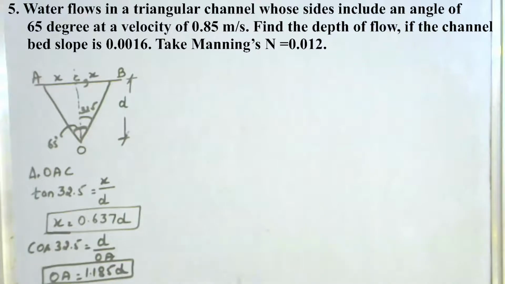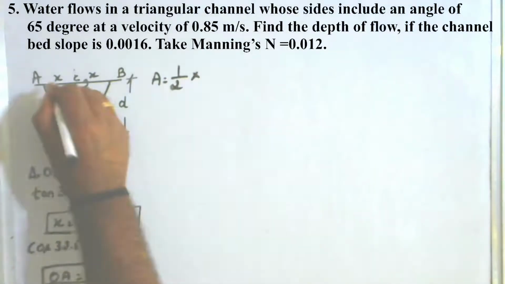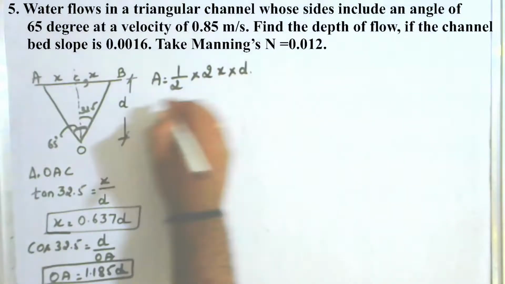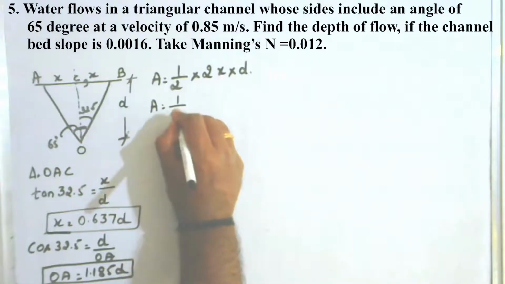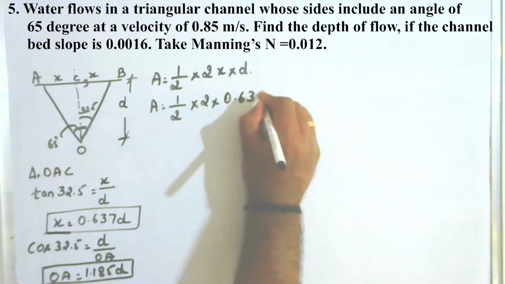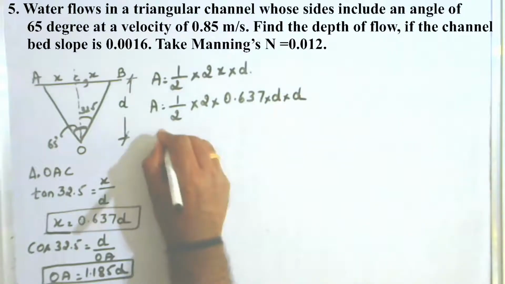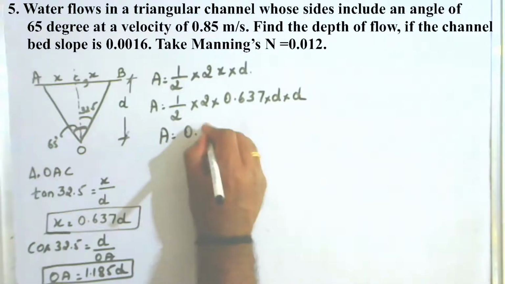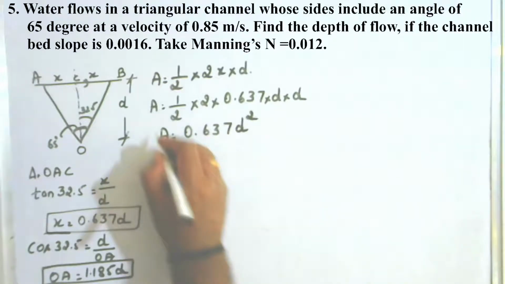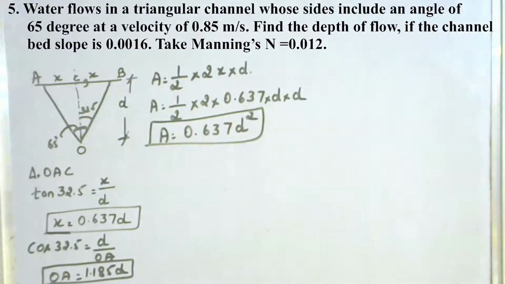So let me write area A is equal to half into base 2 times X into D. Therefore area A is equal to half into 2 into X, means 0.637 times D into D. The area works out to be 0.637 D square. So area also I have written in terms of D here.